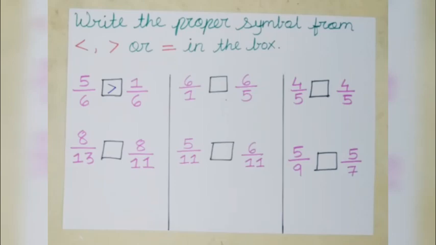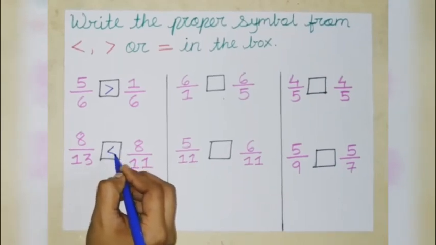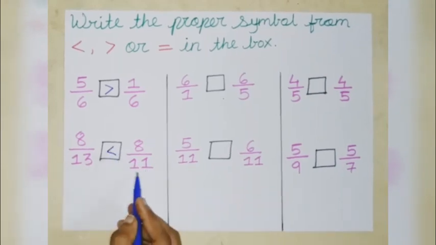See the next example. 8 upon 13, 8 upon 11. न्यूमरेटर्स आर इक्वल. अगर हमारे न्यूमरेटर्स इक्वल है तो जो बड़ा नंबर है वो छोटा है और जो छोटा नंबर है वो बड़ा है. So the bigger number will be smaller and the smaller will be bigger.